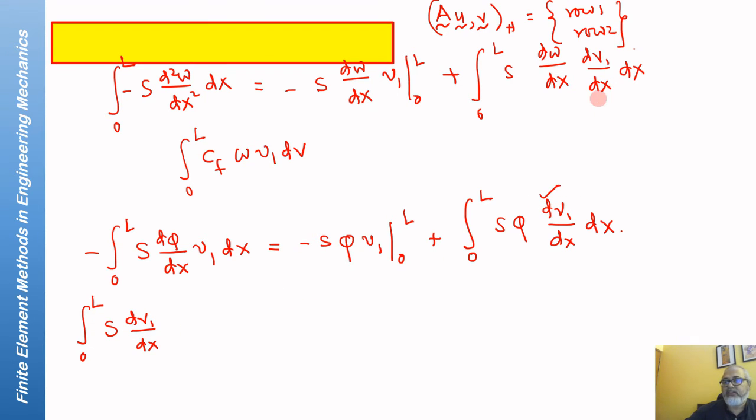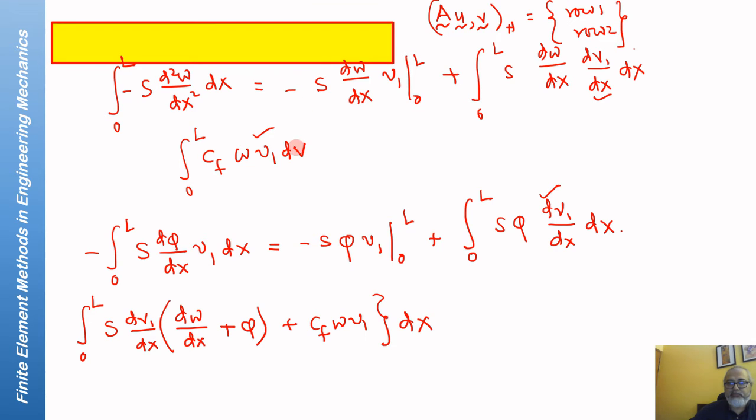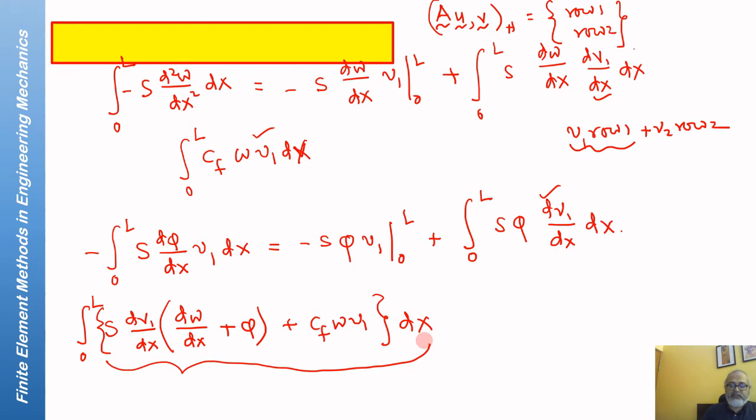So this and this gives you dw/dx plus phi, and then you are left with CF w v1 dx. So this is what comes off. We are calculating v1 times row 1 plus v2 times row 2. So v1 times row 1 is this.